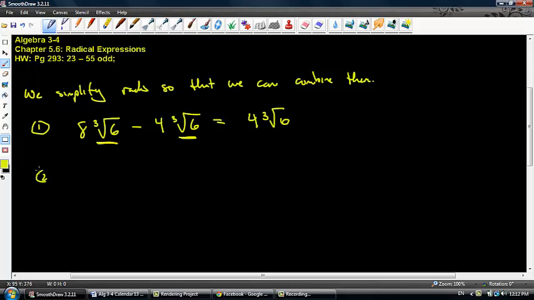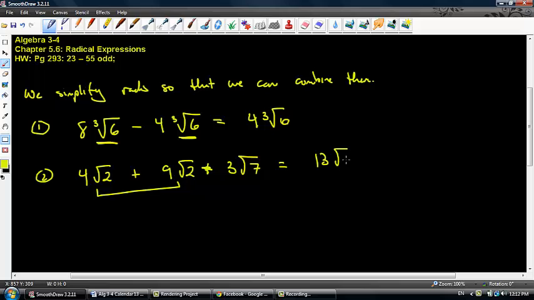Similar to if I was to add, say, 4 square roots of 2 plus 9 square roots of 2 plus 3 square roots of 7. Well, these two terms can combine to get 13 square roots of 2, but the 3 rad 7 has to trail behind because there's no like term for it to combine with.